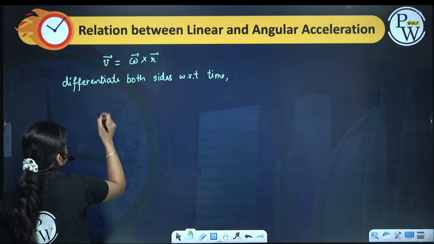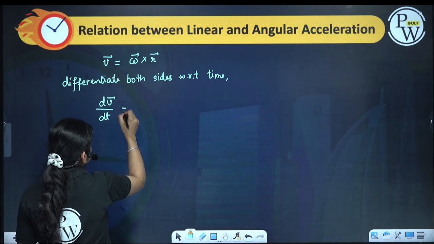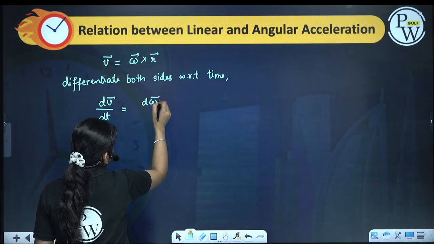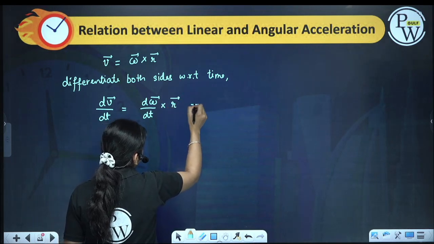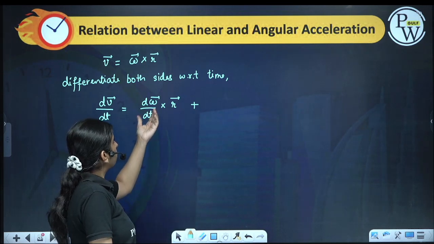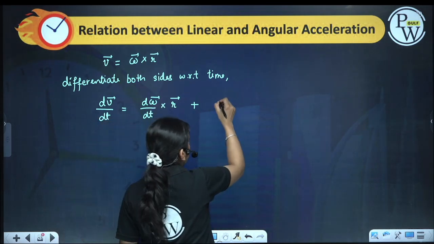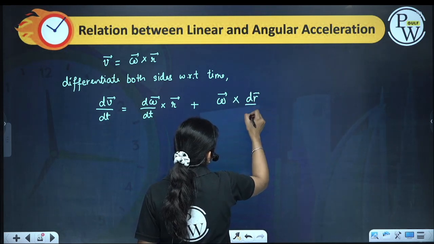Now if we differentiate both sides with respect to time, this will become dv by dt is equal to d omega by dt cross r plus, how to differentiate multiplication of two vectors? Differentiate first, keep second as it is. Now keep first as it is and differentiate the second.